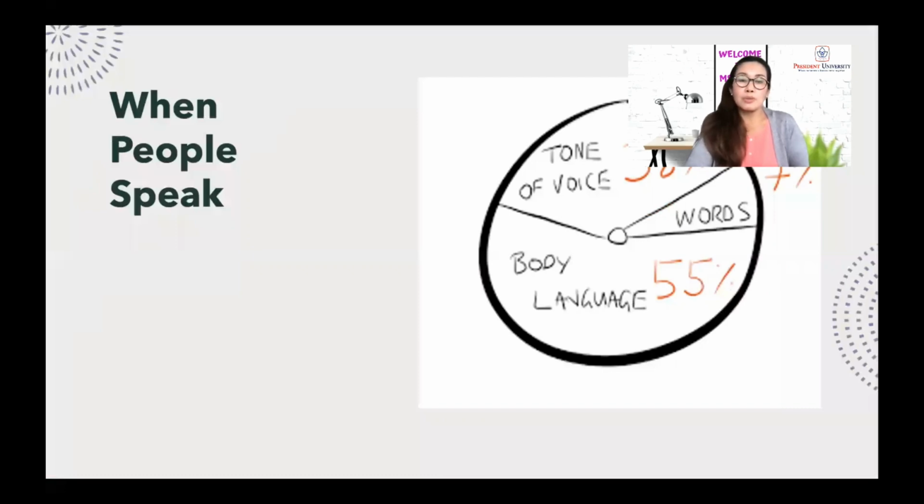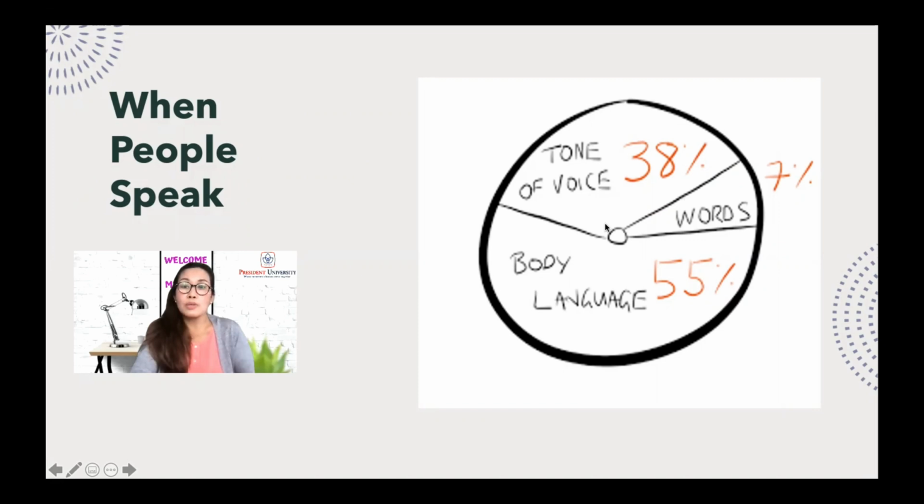So we know that when we are listening to people talking, we are able to understand the subject matter from the words that those people say, and it's only 7%. So it's very, very little. Actually, the word choice does not make a very significant contribution to the talk.